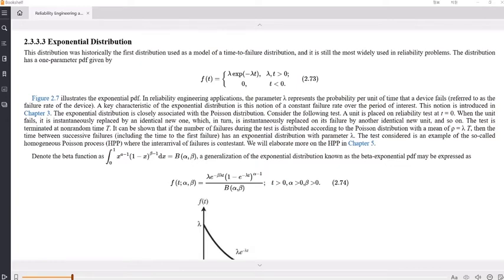So exponential distribution, maybe students have seen many times, and I guess students are quite familiar with this type of function.